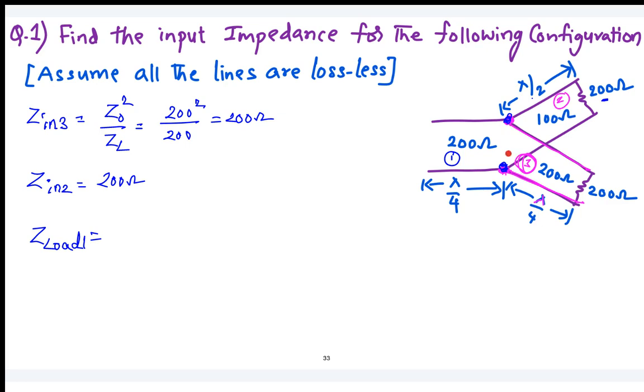The effective load here is the parallel combination of the second line impedance and the third line impedance, because both start at the same point. So the effective load for the first one is 200 ohms in parallel with 200 ohms. When you have two equal resistances in parallel, you get half, which is 100 ohms.